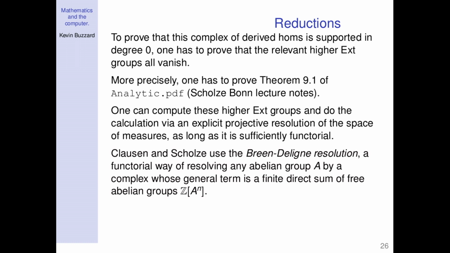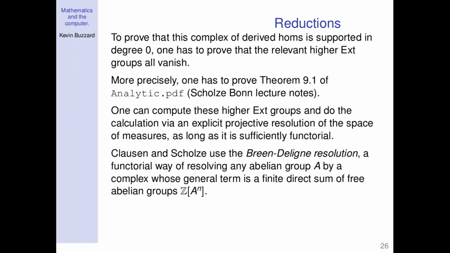And one of the key things they use is something called the Breen-Deligne resolution, which is a completely functorial way of resolving an abelian group by some very concrete free abelian groups. And this is a highly non-formal thing. I mean, just resolving an abelian group A by arbitrary sums of things like this is easy, but it's this finiteness issue here that really causes grief.